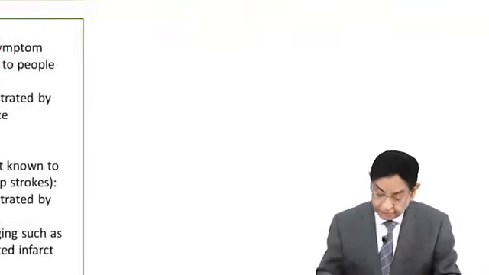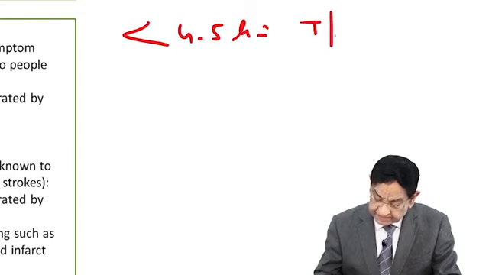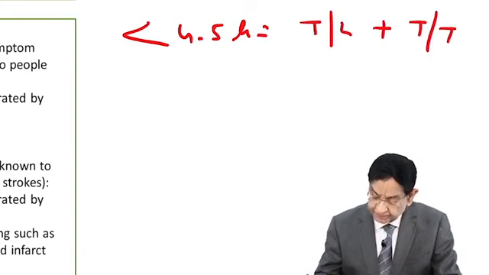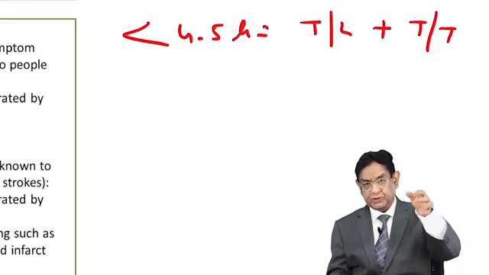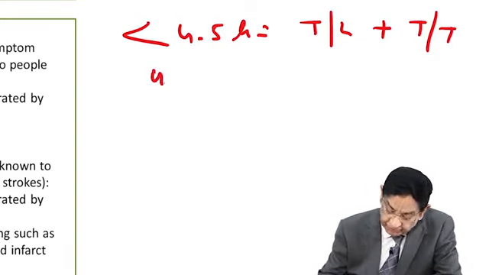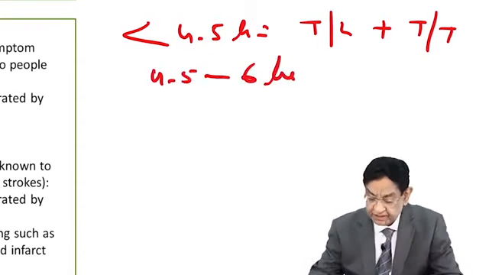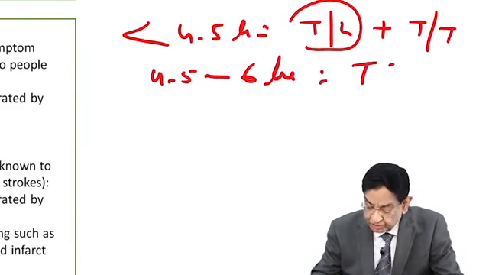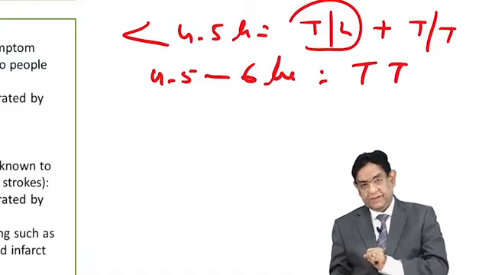So if he comes before 4.5 hours, thrombolysis plus thrombectomy, both you will do. But if he comes between 4.5 and 6 hours, the window period for thrombolysis is gone, then you do only thrombectomy.